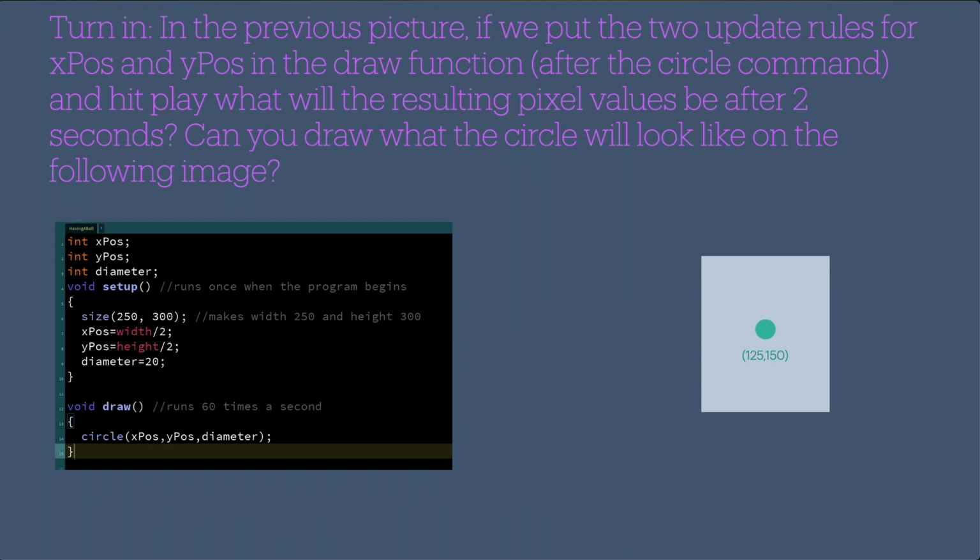One thing I did not include in the draw function for this is a call to background. So you'll see a bunch of trails right now if you actually do the update rules and run it.